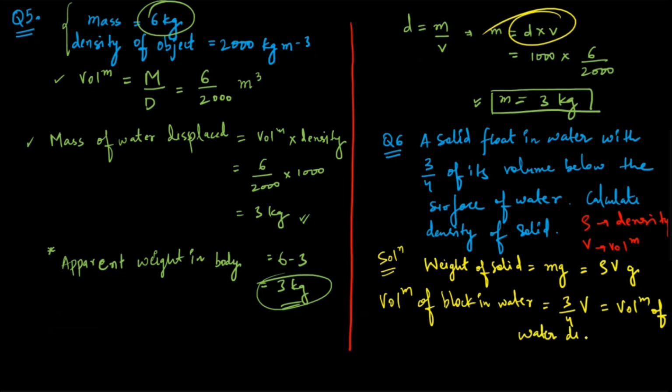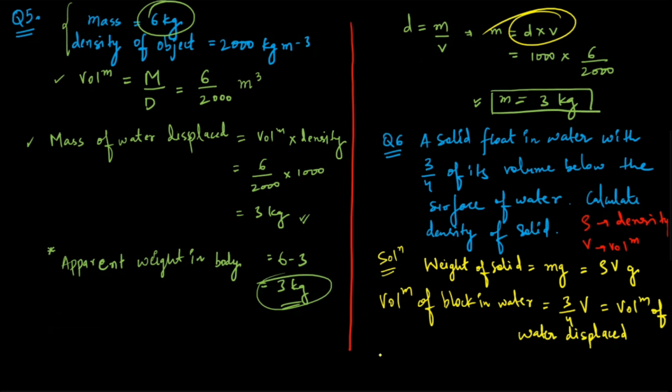This much water in terms of volume must be displaced in order to have that block inside water. Are you getting it? Because 3 by 4 of the volume occupies the water. Yeah, 3 by 4 of the volume is inside. So how much water is going to get displaced? Whatever volume of the object is inside. Yeah, 3 by 4.